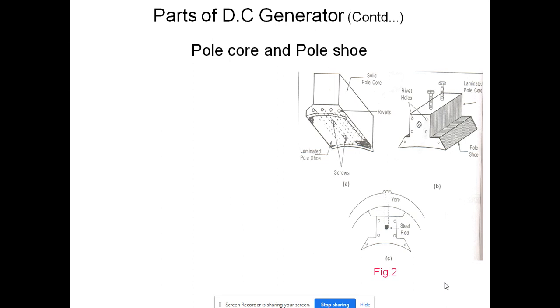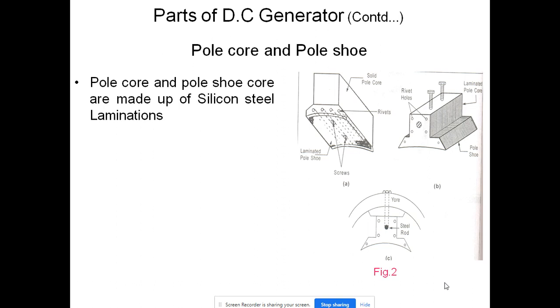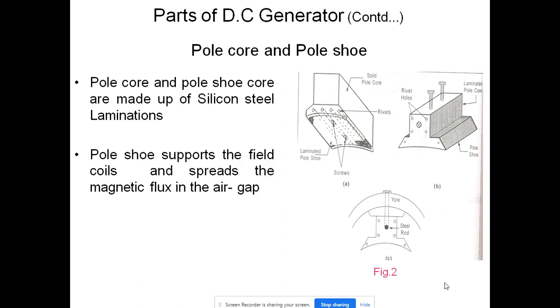The next part is pole core and pole shoe. These are made up of silicon steel laminations. All these laminations are riveted together to form a pole core. Pole shoe supports the field coils.